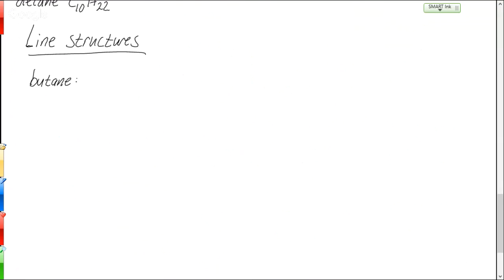And there were a few different ways we could write it. We could write it like this, which we called the Lewis structure. We can write it like this, which is the condensed structure.